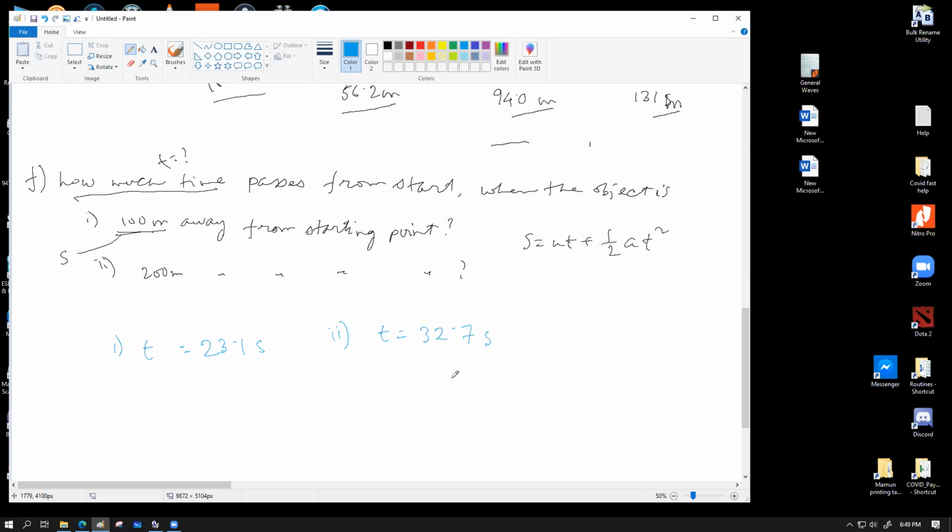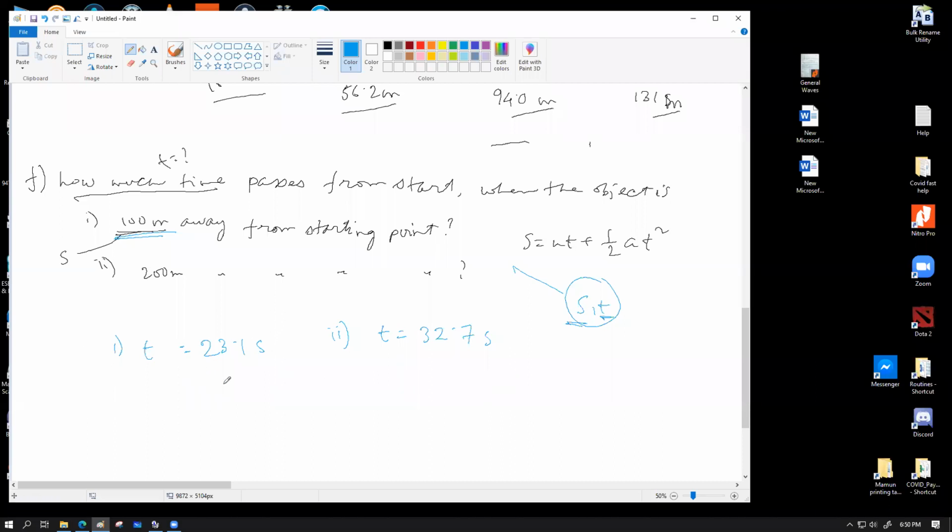Now see what's happening. If the question asks you to comment on your answers of F, in this question too, we are trying to relate two variables, s and t, but the difference of this question is that now we are trying to consider equal segments of displacement and we are trying to compare t.